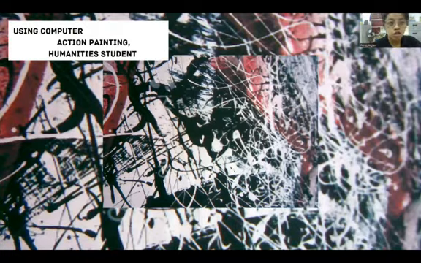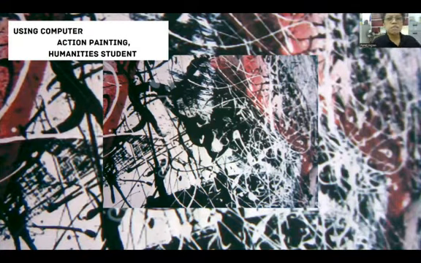Ngayon marami na tayong source, even sa canvas, na gagamitin na rin natin. So, before we use canvas, this time we can use computer to have painting using our smartphones, laptops. So, we use it for painting in this time.